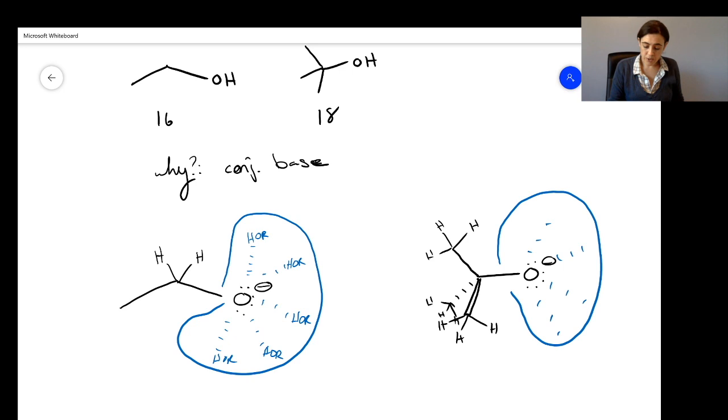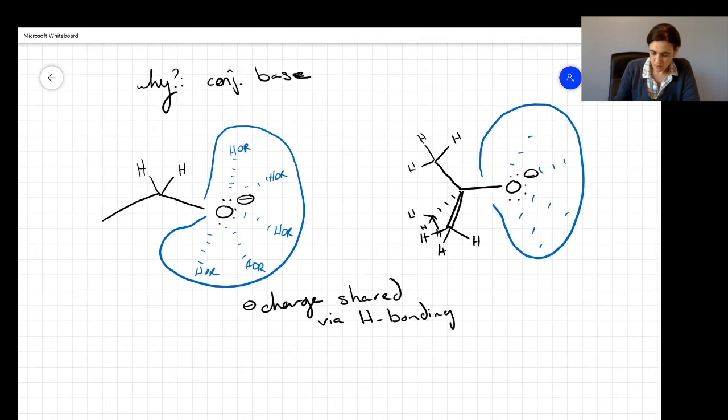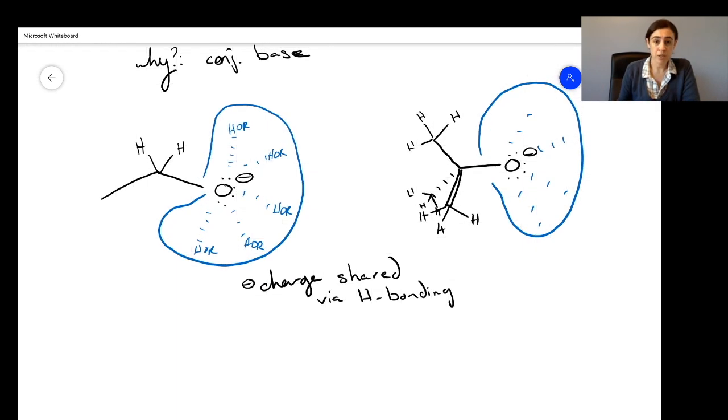Now, these hydrogen bonds that we're showing allow the electron density from that O- to be shared through hydrogen bonding. Which means that the more hydrogen bonding you have, the more stabilized that negative charge will be.